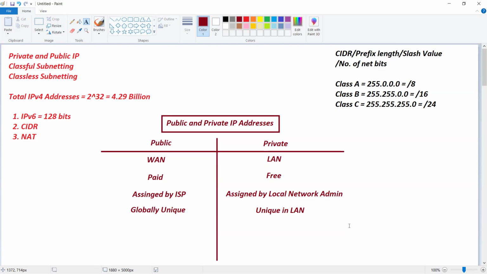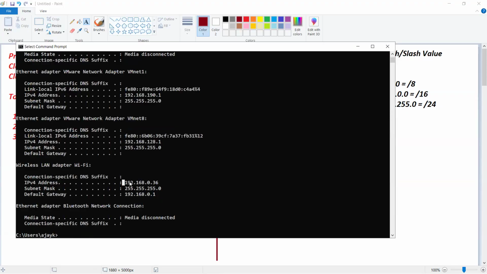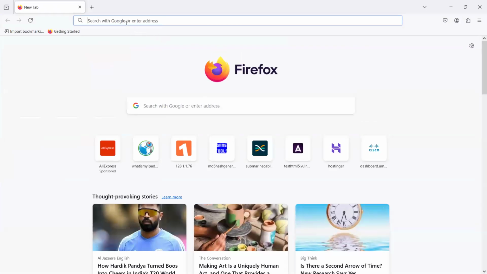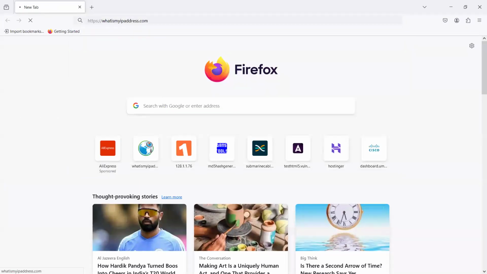For example, you can see here, let's say if I talk about my system, if I say ipconfig, right now in my local network, the IP I'm using is 0.36. But if I check what is my IP on the internet, I can go to a web browser and say what is my IP address.